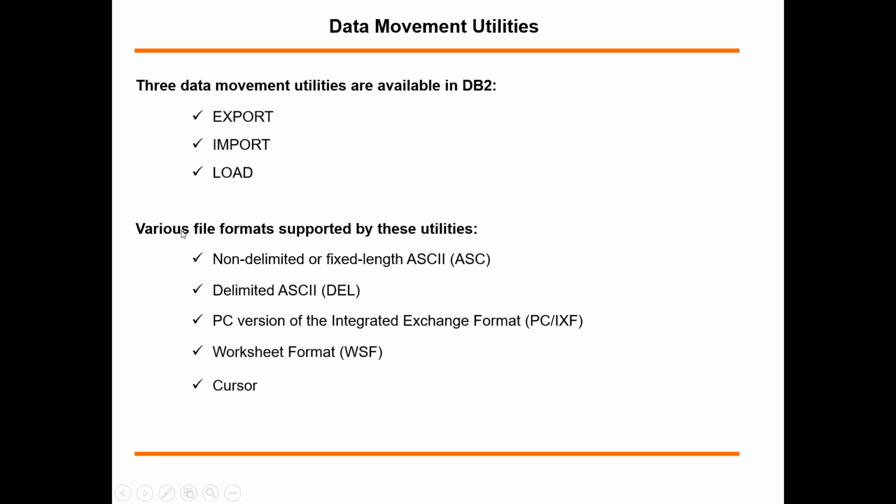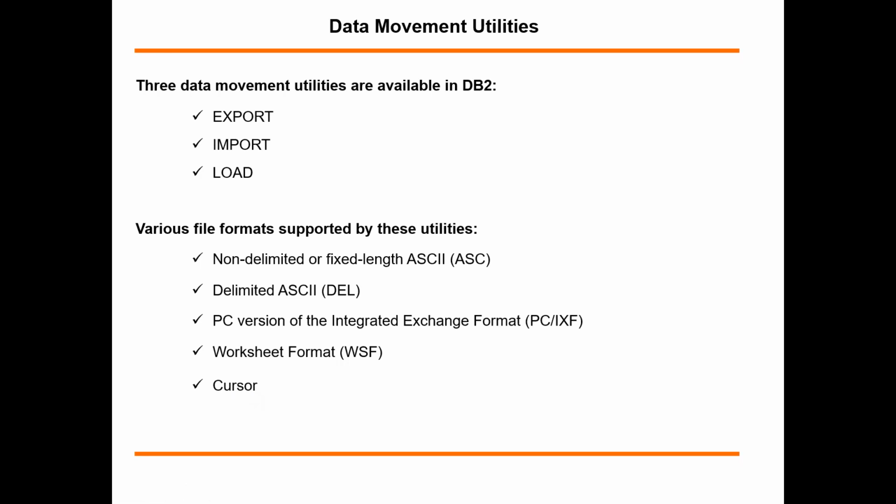The first one is non-delimited or fixed length ASCII, in short the ASC file format. The second one is delimited ASCII, which in short we call DEL. The third one is the PC version of integrated exchange format, which is the binary format, IXF. The fourth is the worksheet format, and the fifth one is cursor.